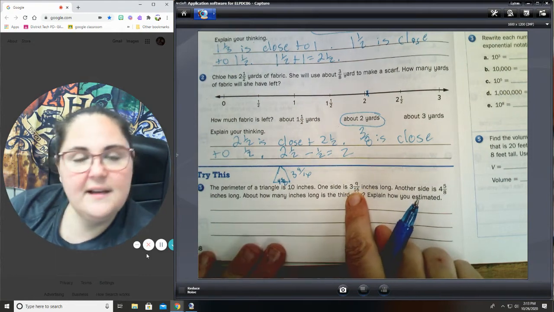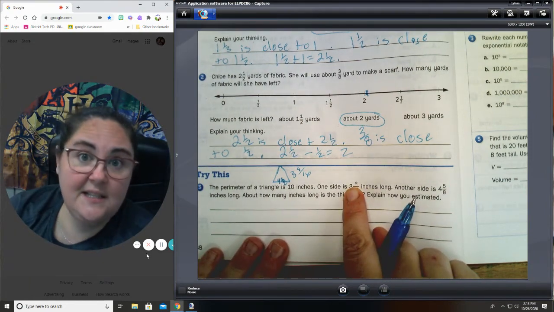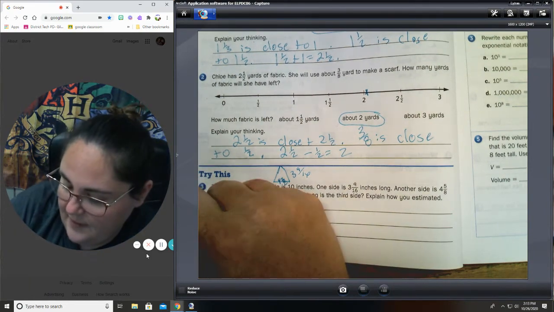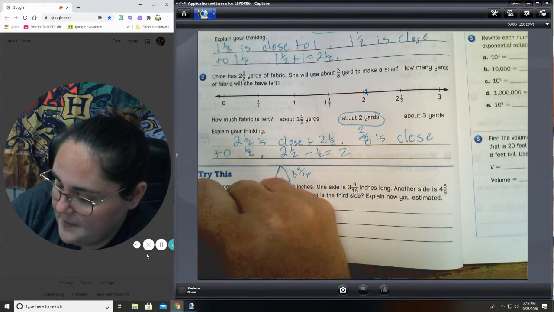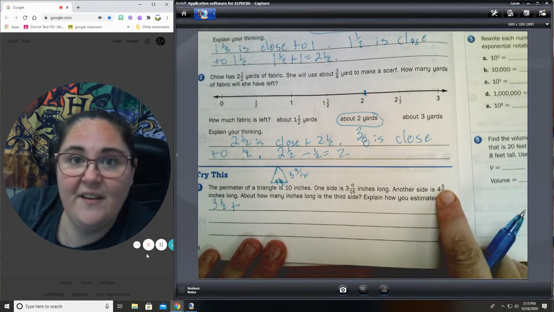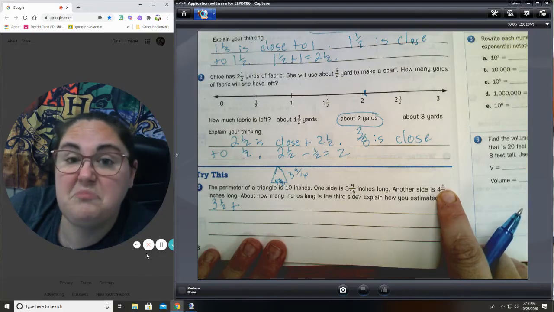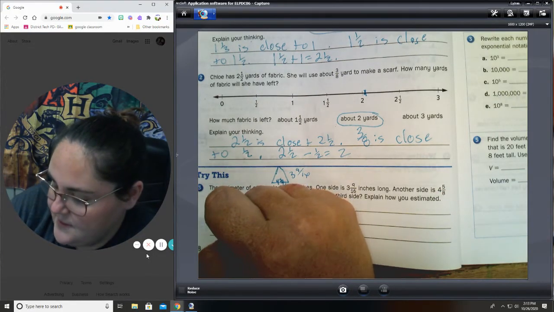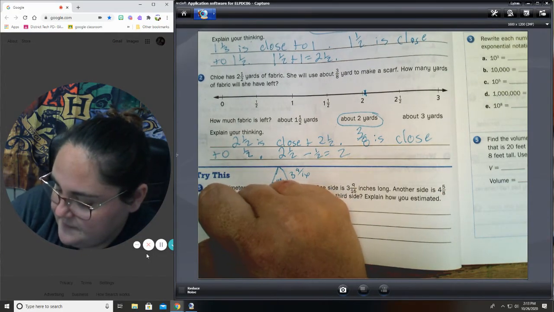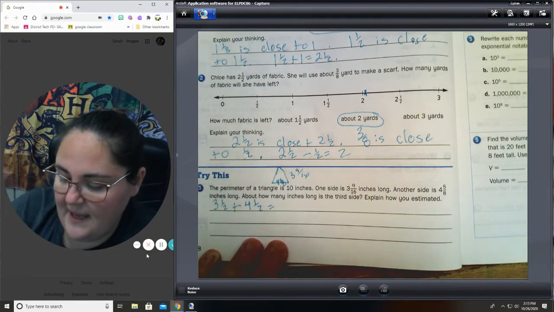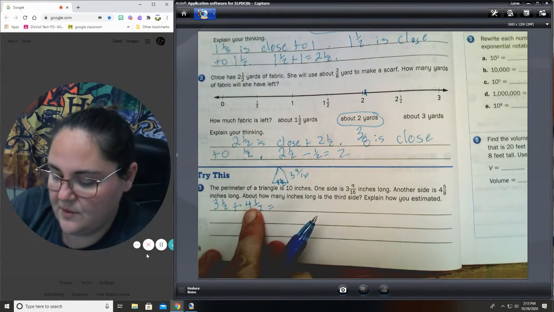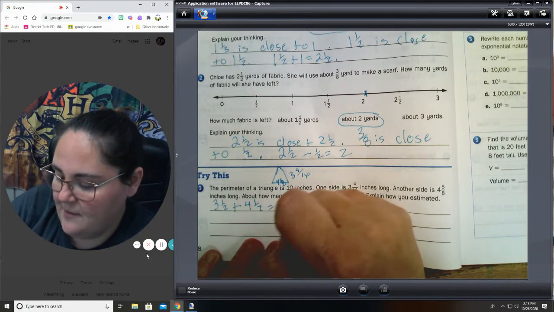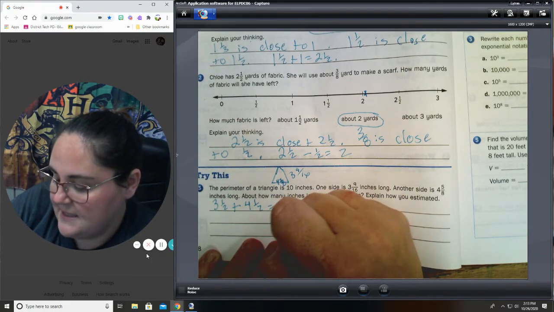All right, when I look at this one, 3 9/16 is close to 3.5. So 3.5. 4 5/8, 5/8 is close to a half as well. So 4 5/8 is close to 4.5. So 3 plus 4 is 7, plus a half is 8.